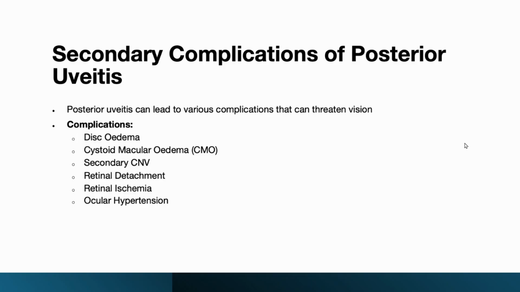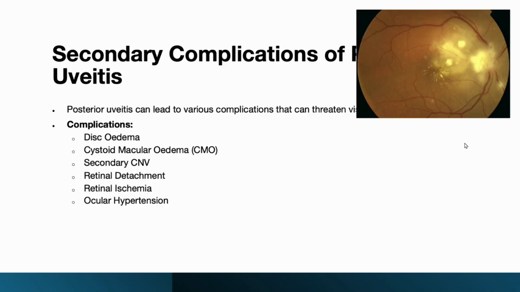So posterior uveitis can lead to a variety or cascade of complications that threaten vision. These include optic disc edema, macular edema, secondary CNV, retinal detachments, retinal ischemia, and ocular hypertension. So here is an example of a patient with neuroretinitis with optic disc swelling and macular exudates.